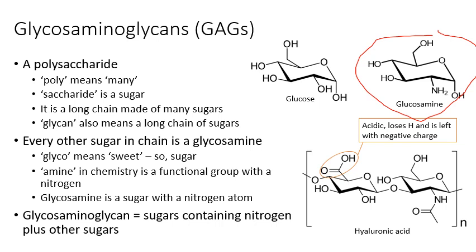And you can see it's exactly the same molecule as regular glucose. The only difference is that it contains this NH2, which is the amine part of the sugar. So in your glycosaminoglycans, you basically have a long chain of sugars in which every other sugar has a nitrogen atom in it, like this glucosamine.